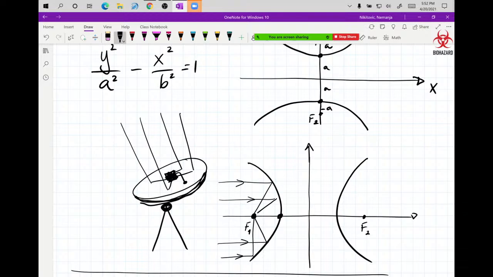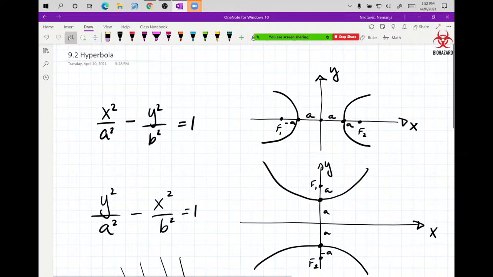And we had that location A, which separates the vertices from the center of the hyperbola. Now, you might ask, what about B? What is B doing? Well, B will be used in a formula that we are going to see a little bit later, to calculate the value C, which is the value that you need to figure out where the focal point is.